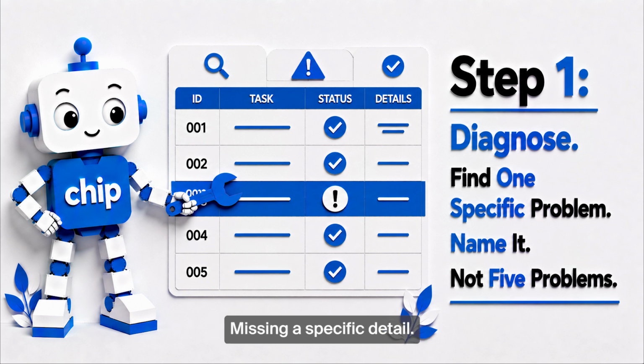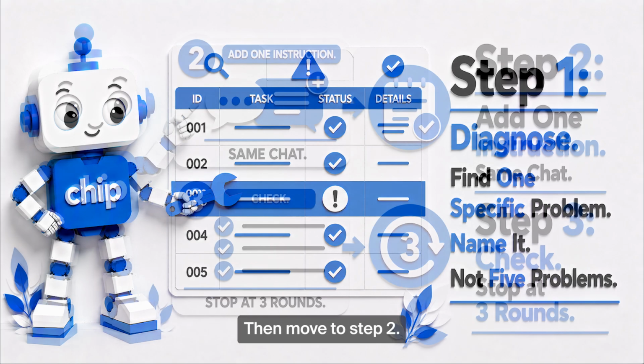Missing a specific detail, the payment date or UPI number is not in the message. Too generic, it sounds like it could be from any business anywhere. Sounds like a global brand, not a local family business. Find the one biggest problem. Name it clearly. Then move to step 2.